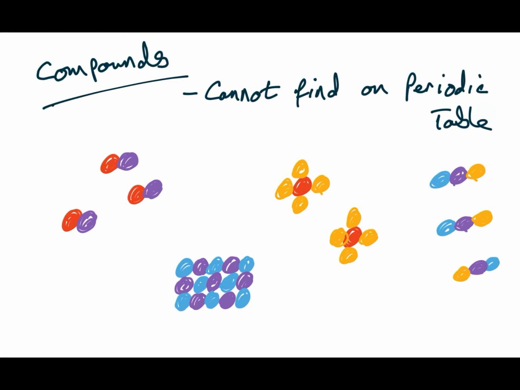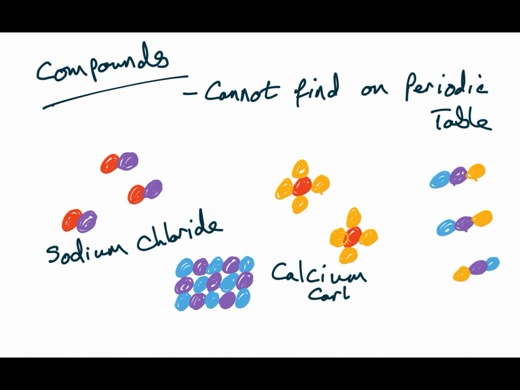So examples of compounds are things like sodium chloride. We could have things like calcium carbonate. That's our marble.